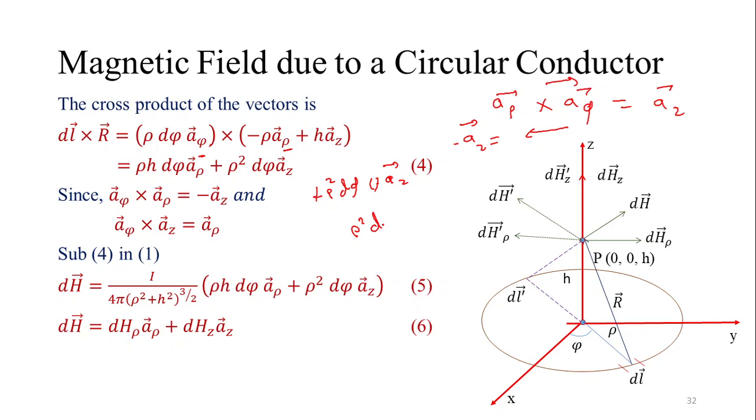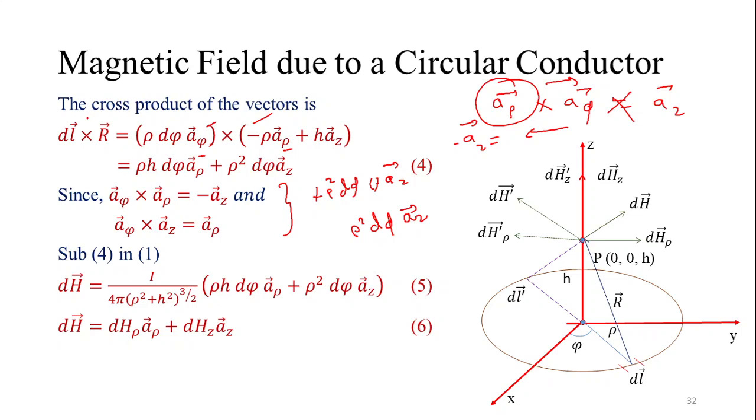So you will have rho square d phi a z vector for the first product. Similarly for the second, rho h d phi a phi cross a z gives a rho, so rho h d phi a rho. So you will have rho h d phi a rho vector plus rho square d phi a z vector, by following these two rules.